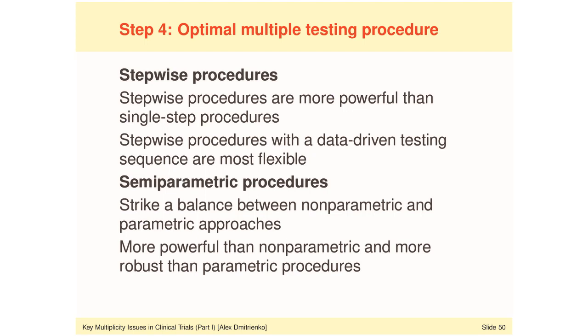We have defined nonparametric, semiparametric, and parametric approaches to building multiple testing procedures. And again, in general, semiparametric procedures tend to perform the best because they strike a balance between nonparametric and parametric approaches in the sense that semiparametric procedures are more powerful than their nonparametric counterparts, and at the same time, semiparametric procedures are more robust than parametric procedures.